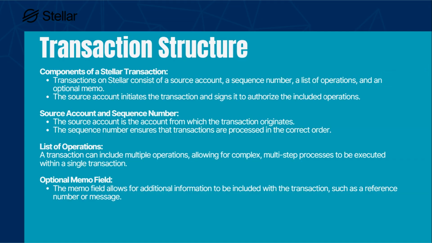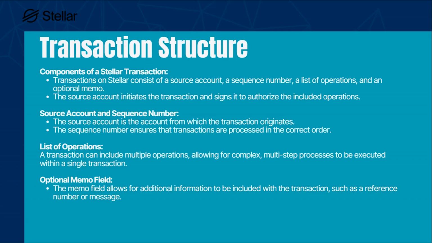Now, let's understand how operations are packaged into a transaction. A Stellar transaction consists of a source account, the account from which the transaction originates; a sequence number, which ensures transactions are processed in the correct order; a list of operations, which can be multiple operations in one transaction; and finally, an optional memo, which is additional information like a reference number or message.